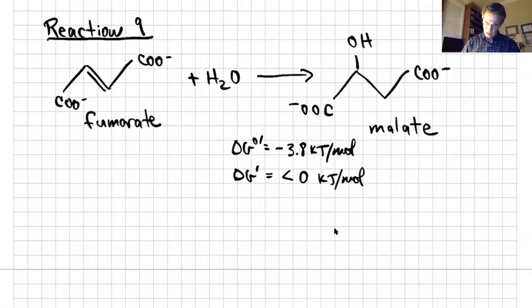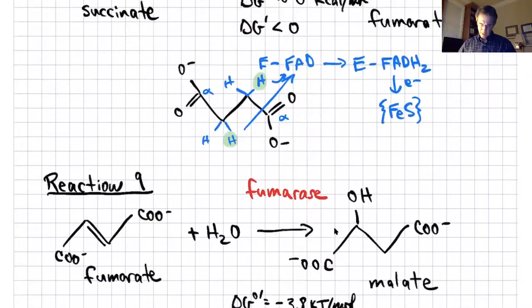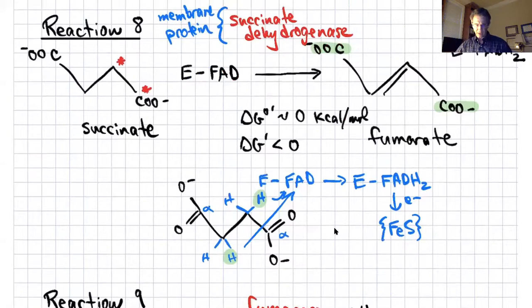The enzyme that runs this reaction, fumarase, helps drive what's already a relatively thermodynamically favored reaction in hydrating that carbon-carbon double bond, okay? One wrinkle here that I didn't mention in the previous reaction, I probably should have, the succinate dehydrogenase reaction. If you think about that carbon-carbon double bond, there are two isomers of that bond.